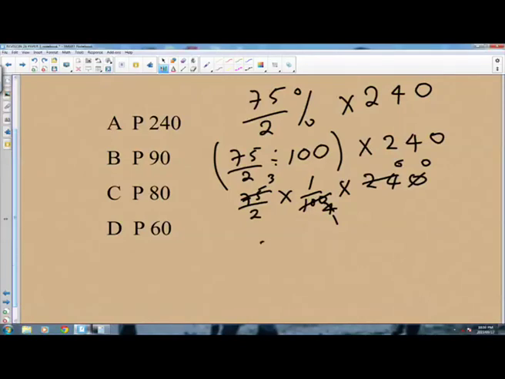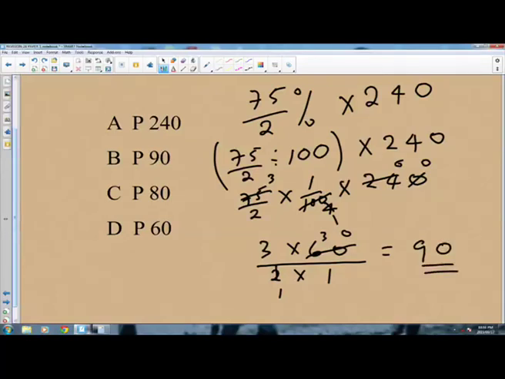We have 3 times 60 divided by 2 times 1. This will be 2 here once. 2 into 60 is 30, because 2 into 6 is 3, into 0 is 0, so it's 30. And then this is just 3 times 30. 3 times 30 is 90.